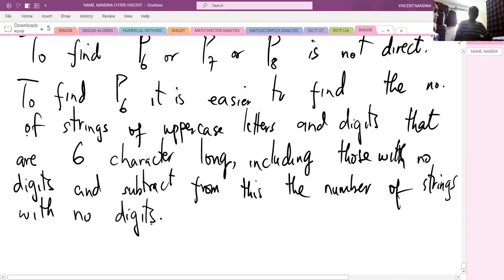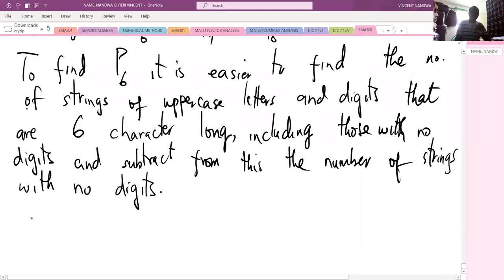So this is what I mean. I want to explain how to find P6. P6 means that my password will have 6 characters.